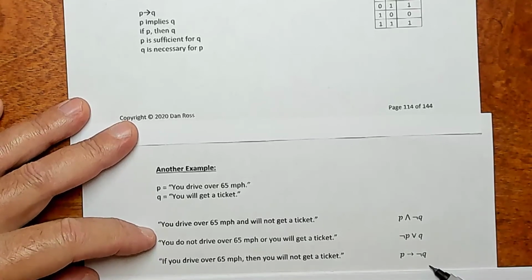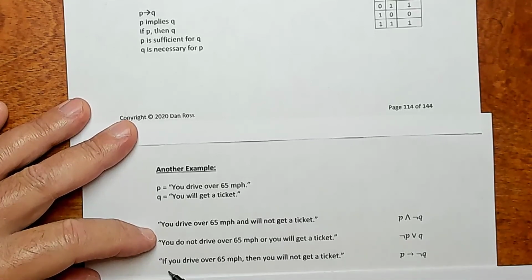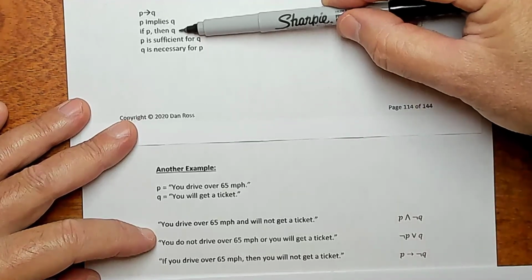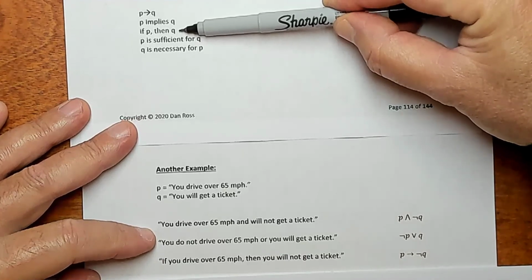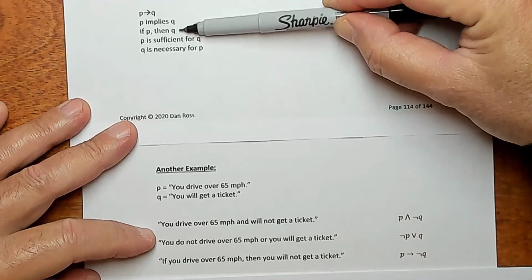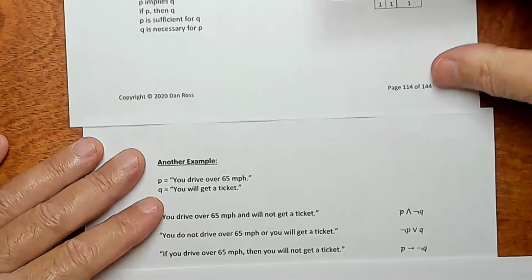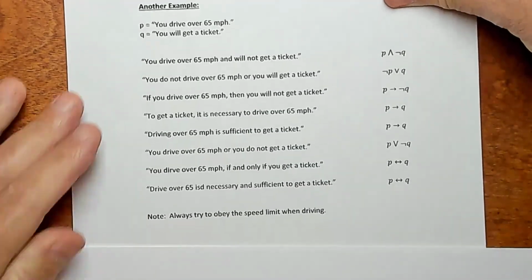And likewise, here's this: if you drive over 65, then you will not get a ticket. That's this if P then Q thing with Q negated.